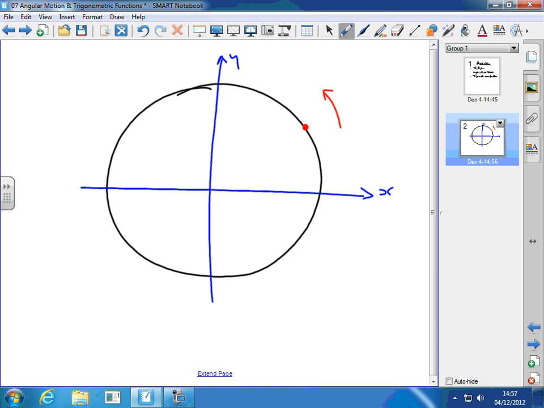The radian measure. If we consider an angle, so if we take this distance here to be r, the radius of rotation, and then we consider it moving around so that it moves to a new position here.